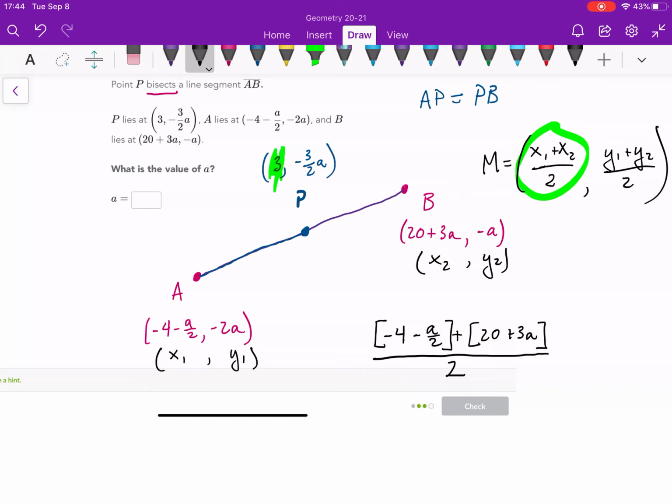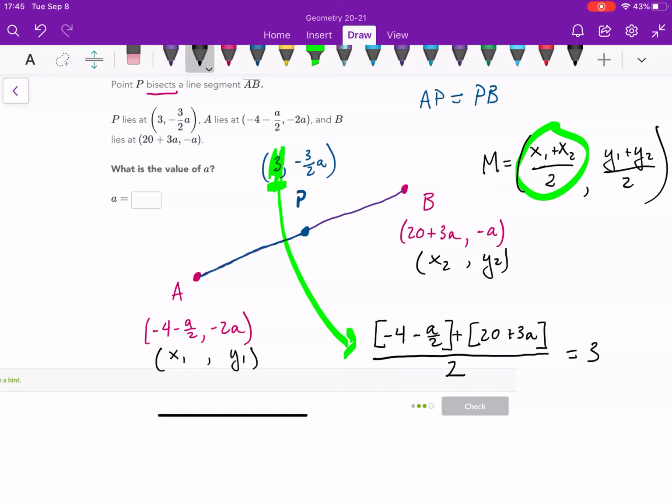And I know that has to be equal to 3, okay? So this is equal to the x value of my midpoint. And so now I can solve this equation, and I should come up with the value of A.